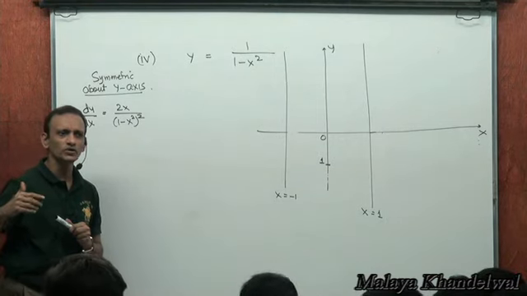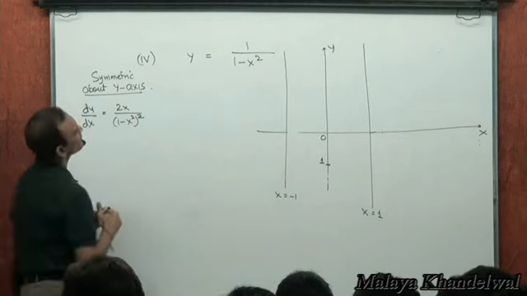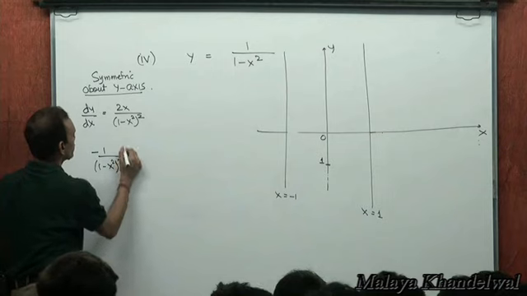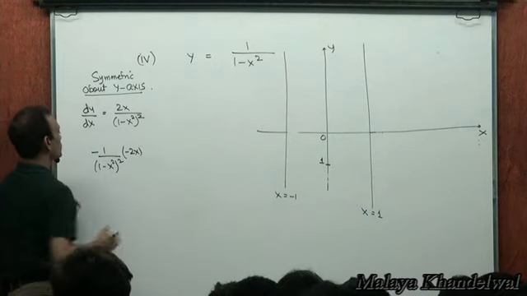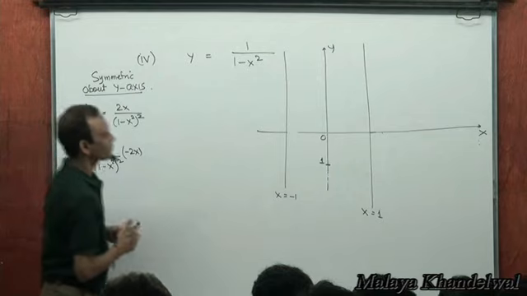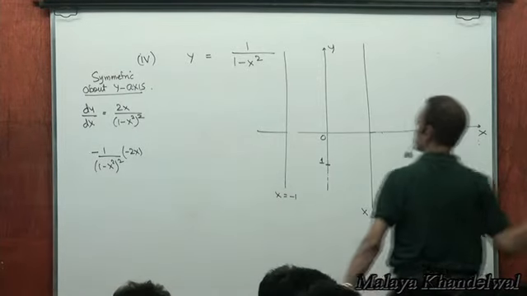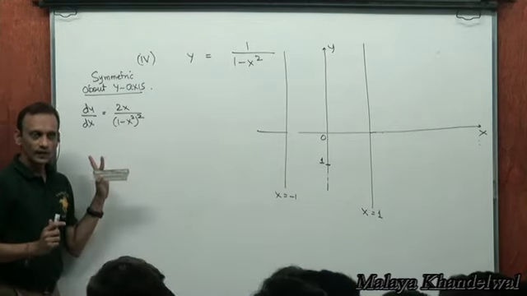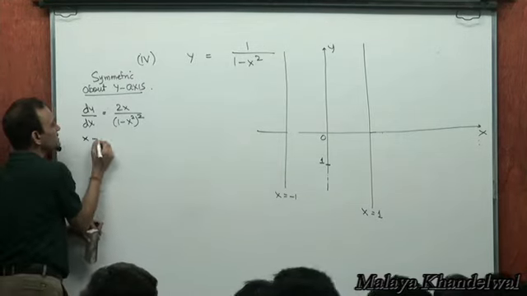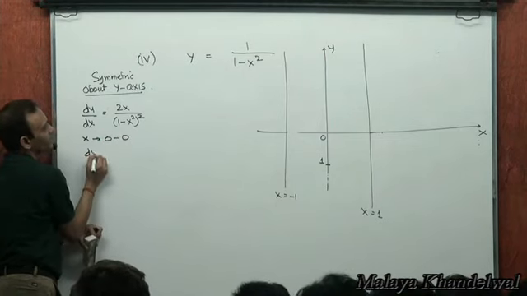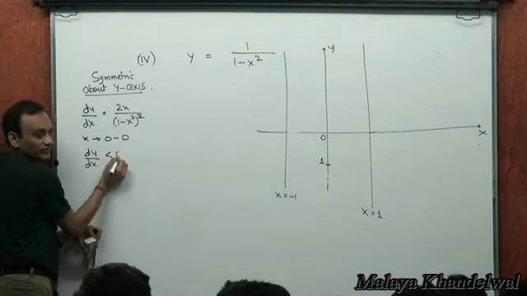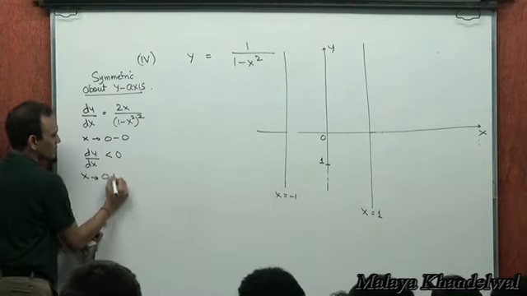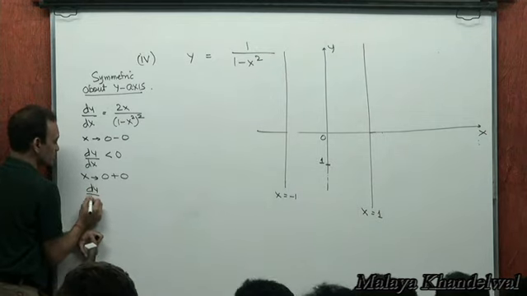When x is greater than 0, dy dx is positive. Have I differentiated it right? Minus 1 by 1 minus x squared whole squared into minus 2x. Yeah. Right? So when x is less than 0, dy dx is negative. Right? When x is greater than 0, dy dx is positive.